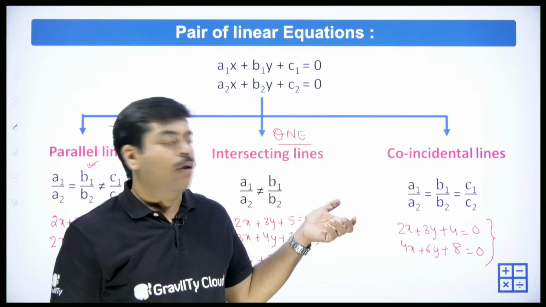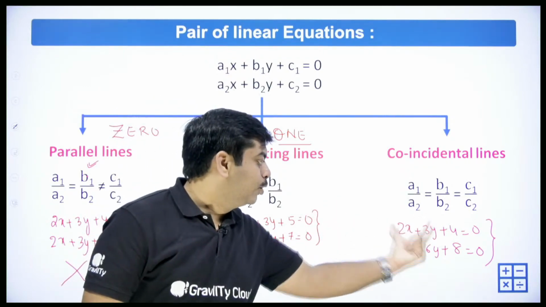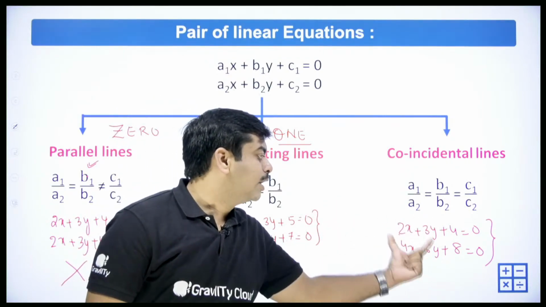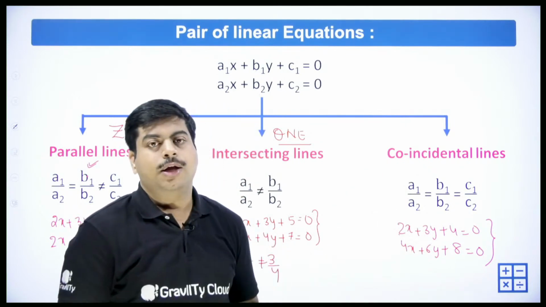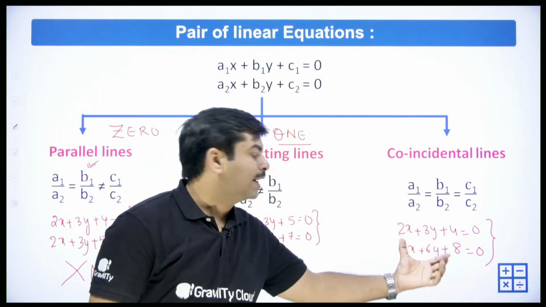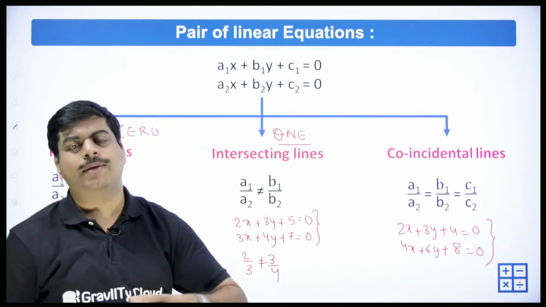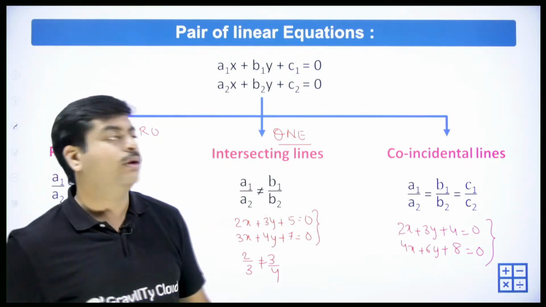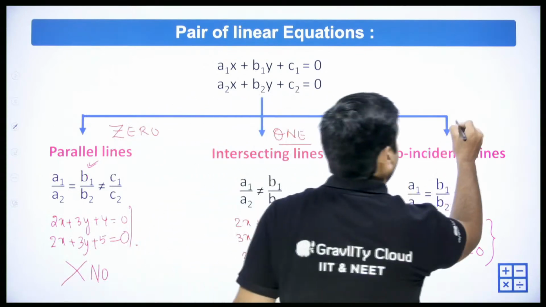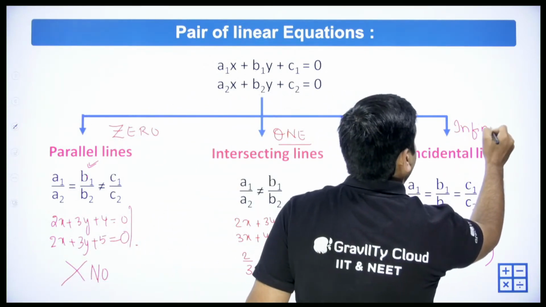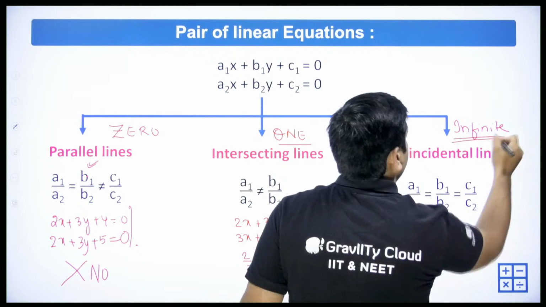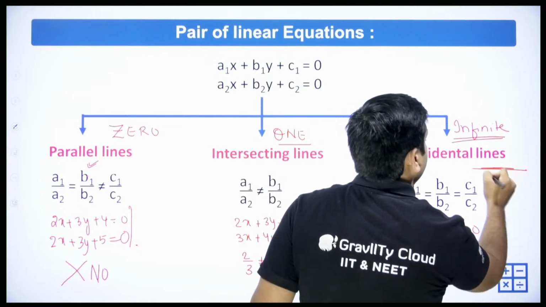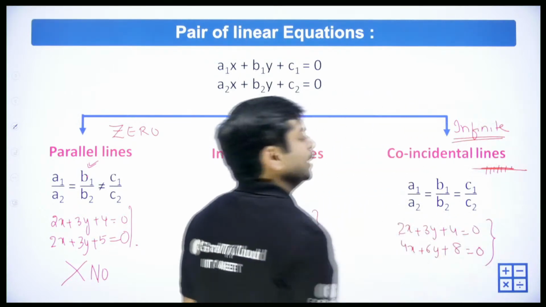But when you carefully observe, 2 times the first equation is the second equation. That means actually these two are the same equation. Line on the line, they coincide. They coincide means we get infinitely many solutions. At an infinite number of points, those two lines are meeting.